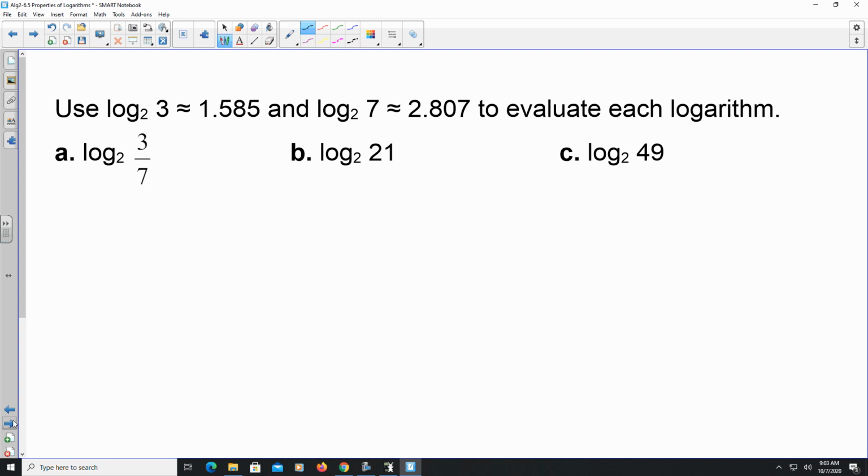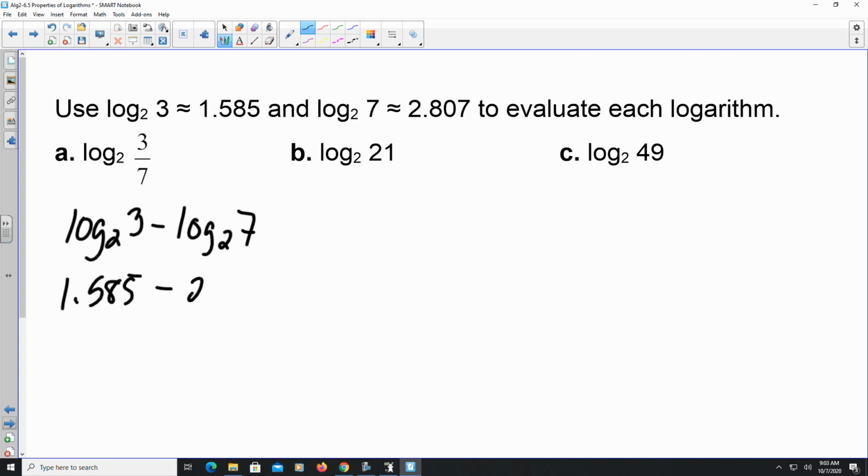But 3/7 is a fraction, which is a quotient. So I can expand this logarithm as log base 2 of 3 minus log base 2 of 7. They told us we have a value for both of those: 1.585 minus 2.807. Subtracting these two, I get negative 1.222. And that is my evaluated logarithm.